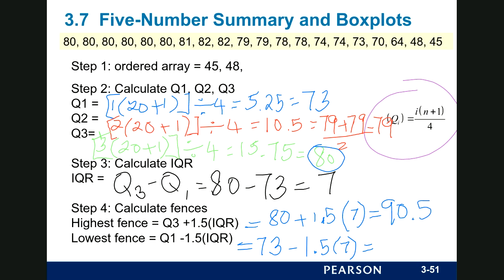And then Yazan, do you have the value for lowest fence? Okay. So the answer is 62.5. Okay, 62.5. Any questions on how to calculate this? Because you need to know how to construct a 5-number summary.